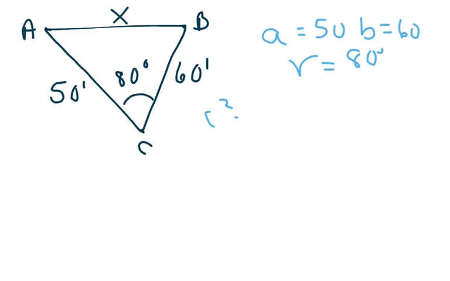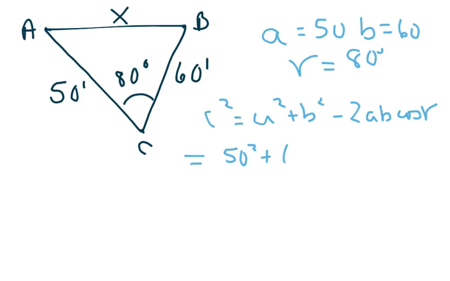I'll just write the formula down: A squared plus B squared minus 2AB cos of gamma. I fill everything in, and this equals 50 squared plus 60 squared minus 2 times 50 times 60 cosine of 80. Sorry, I'm squeezing it in.